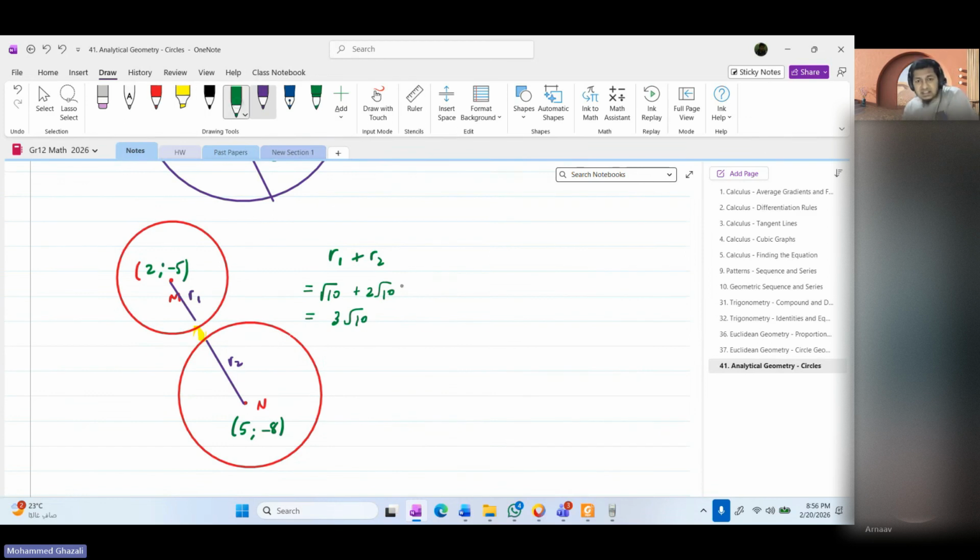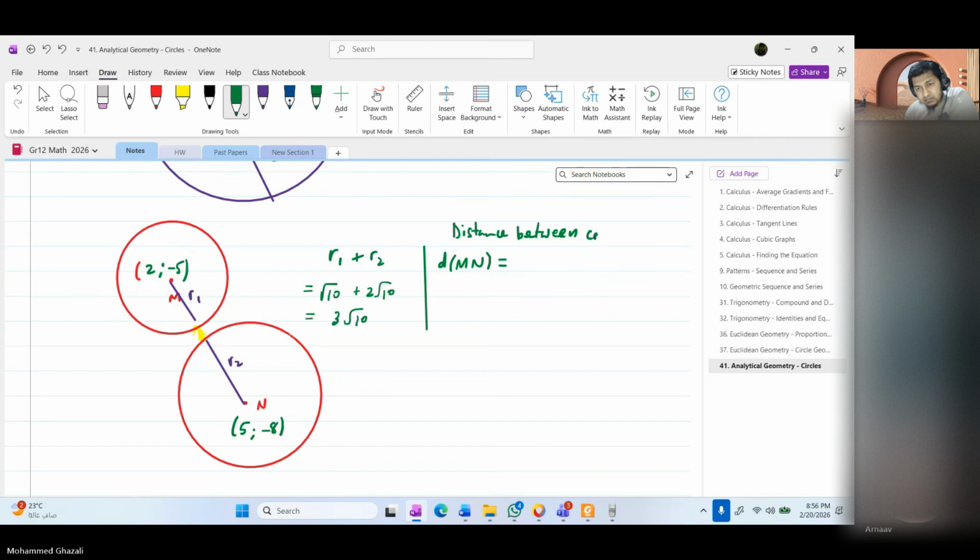So let me calculate the second quantity. The second quantity that you need to take is MN, the distance between the centers. You have to take this.